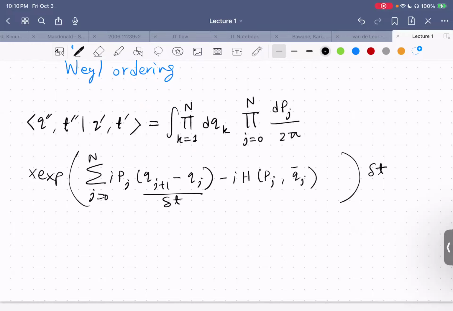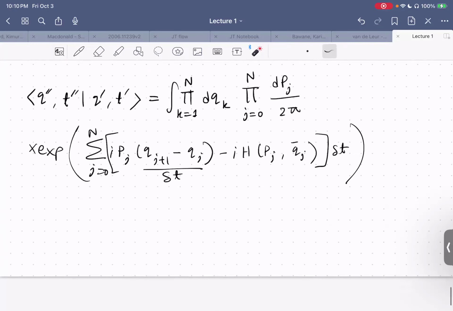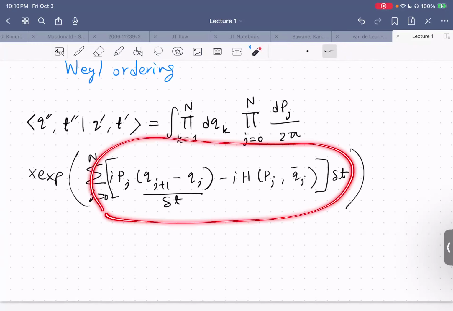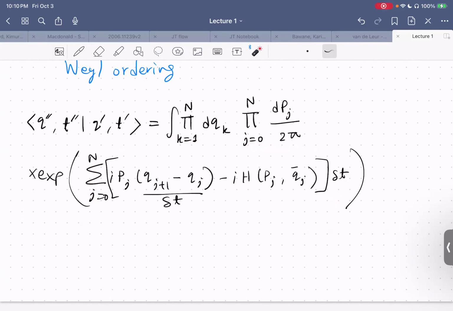So some things to notice here: in these kinds of summations, this delta t is inside the exponent. These kinds of integrations you may have seen before when you studied definitions of integrals.